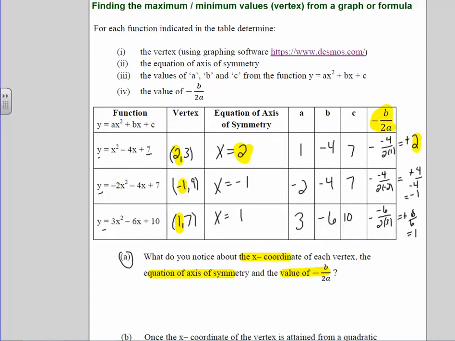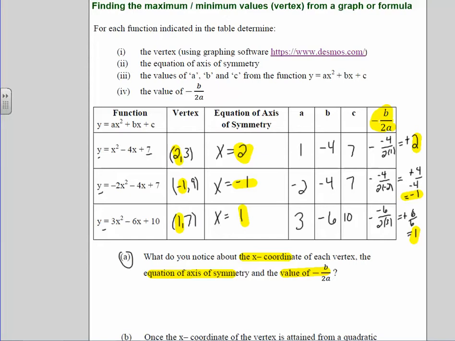Now we look at our next one. It's negative 1, negative 1, negative 1, then 1, 1, 1. So they're the same value. The x value of the vertex, the value of the axis of symmetry, and this one here, they're all the same.